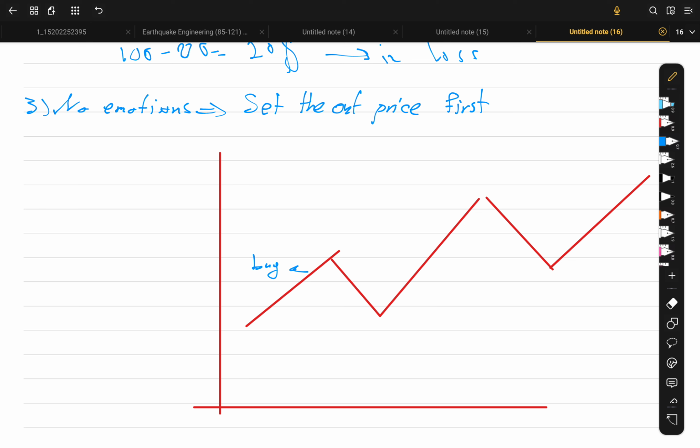When we buy here, we think the price is going up. But how far up? How much is it going to be worth? Because of that, we are going to set the out price first. When we are going to buy, we are going to set three prices. One, buy.